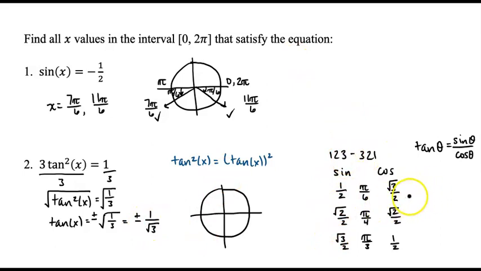So 1/2 divided by root 3 over 2 is kind of like 1/2 times 2 over root 3, which is 1 over root 3. So great, the first one that we tried gave us that value we were looking for. And so we know that the correct reference angle is going to be pi over 6.